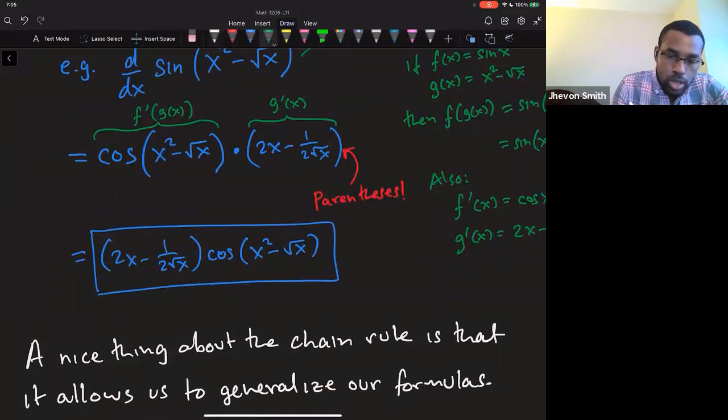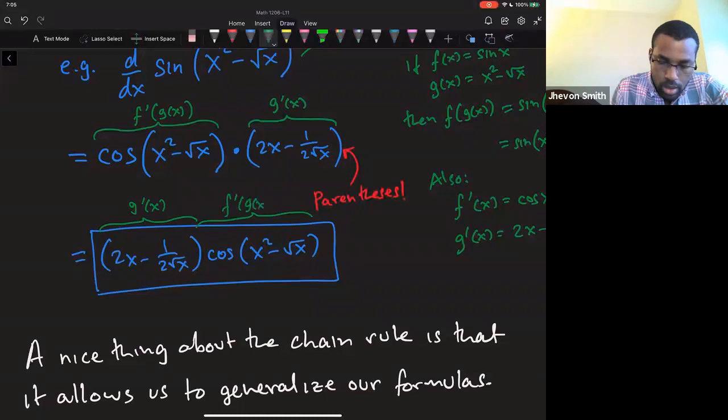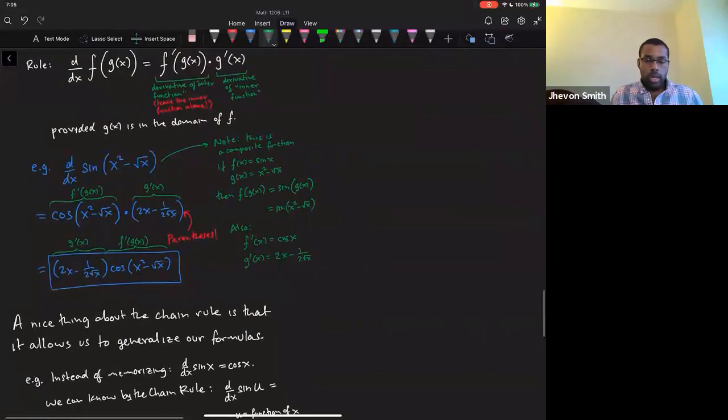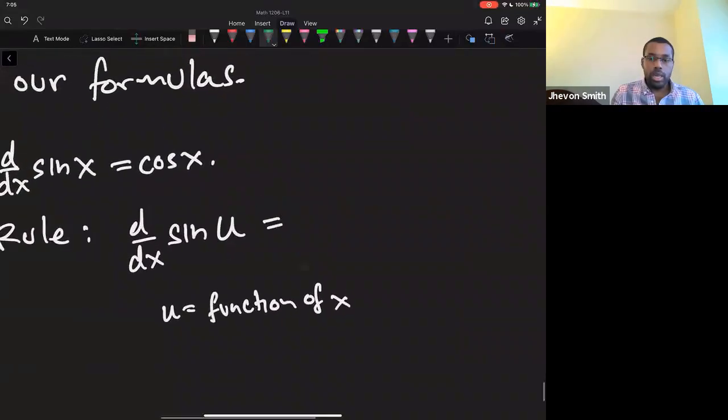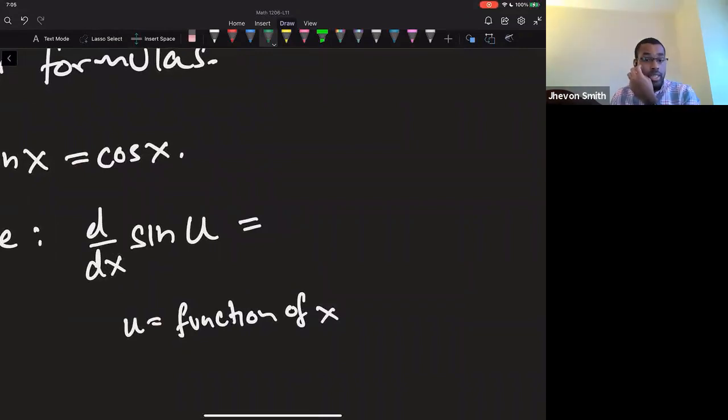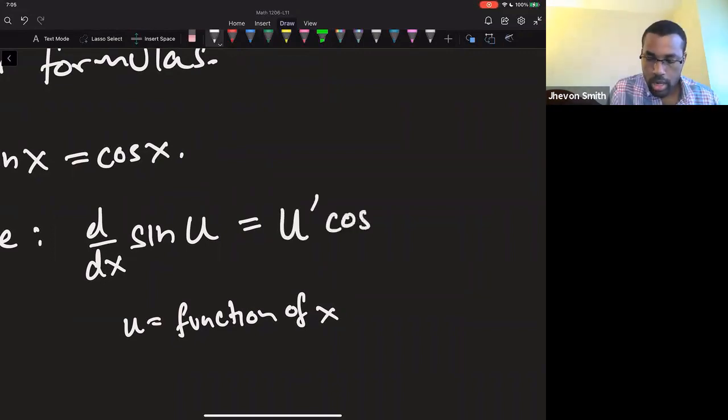This here was your g prime. And this here was the derivative of the outer function. So we can do the same thing here. I know whatever is plugged into the sine, its derivative is going to come out in front. And then I'm going to have cosine of the inside function.